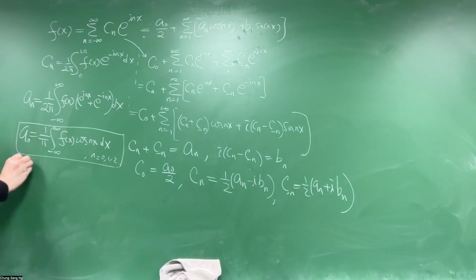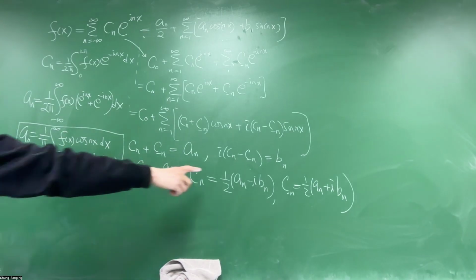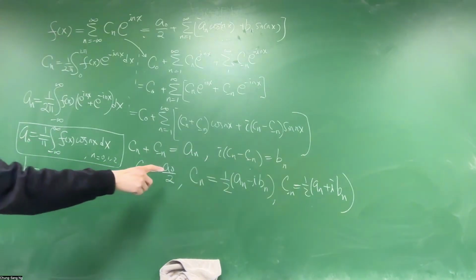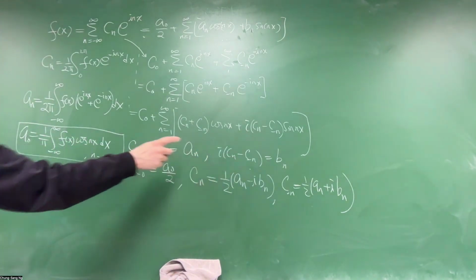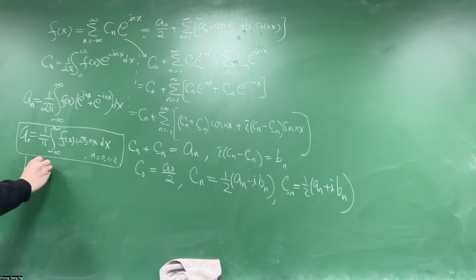Now the b, just use this one. B sub n is i times, that's the same consideration except that you have i here.